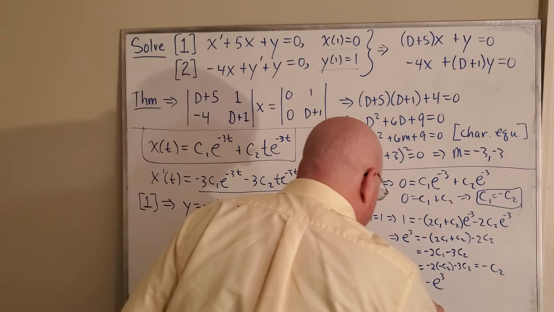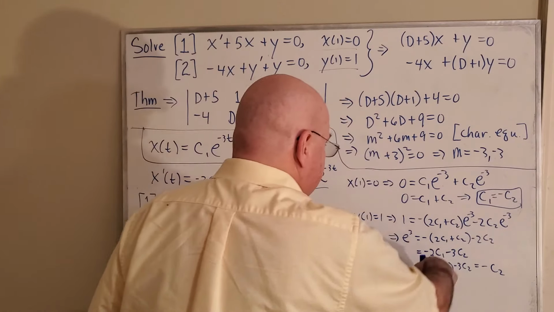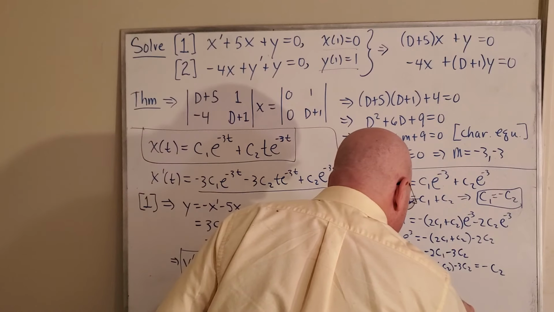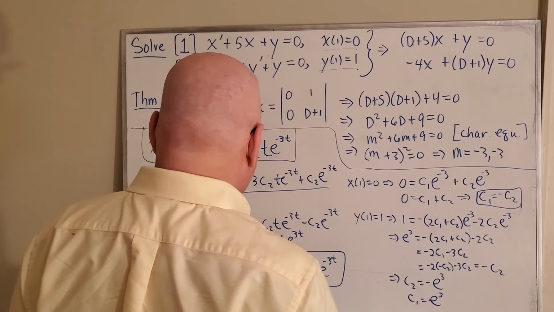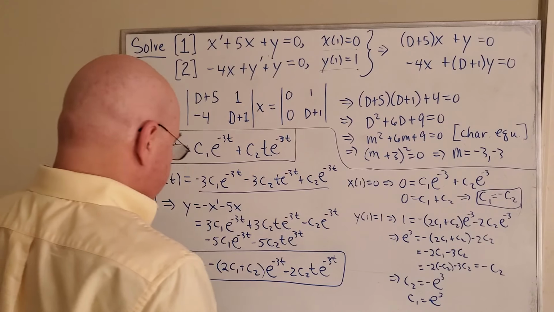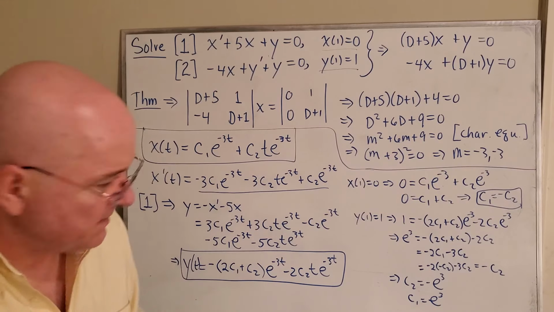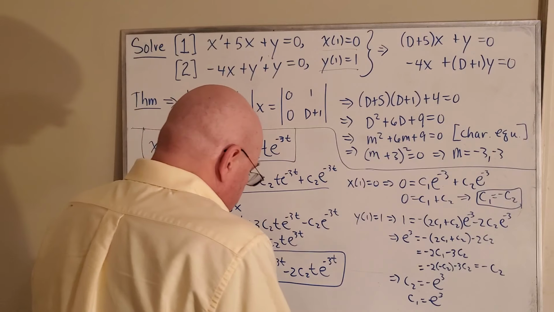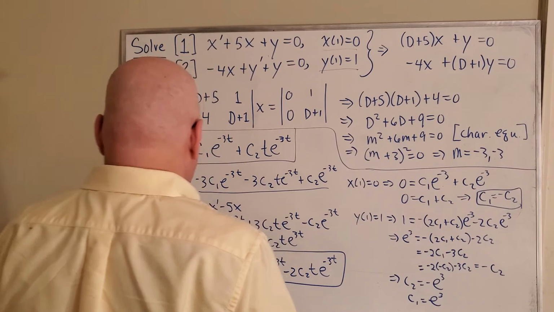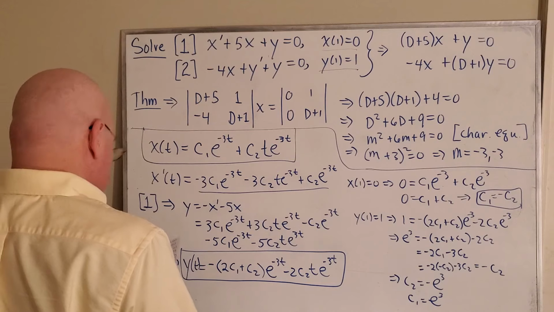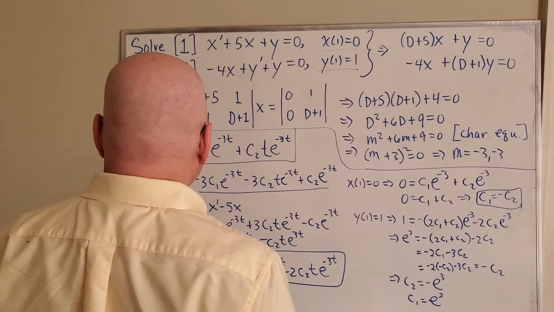And since C1 is negative C2, C1 is e to the third. So, final answer at the very bottom, we will get C1.